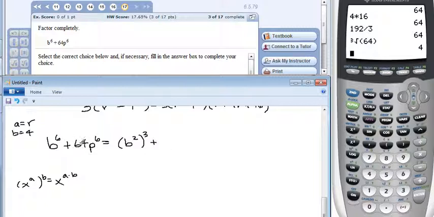And then I'm going to rewrite my 64 as 4 cubed. And I'll write my p to the 6 the same way. So I've got p squared raised to the 3rd power. So here, my a is b squared, right? It's this whole thing that's cubed. And my b, unfortunate letters they've chosen, would be 4p squared.